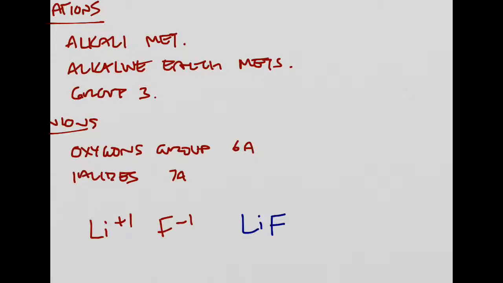Now notice the name I had for that. You always say the name of the metal, in this case lithium, but for the anion, instead of saying fluorine, I changed the -ine at the end of fluorine and put on the suffix -ide.